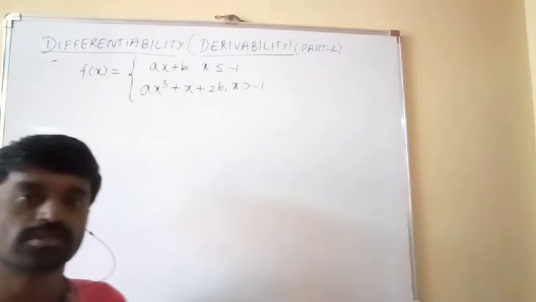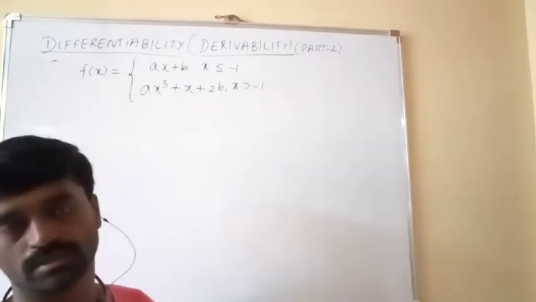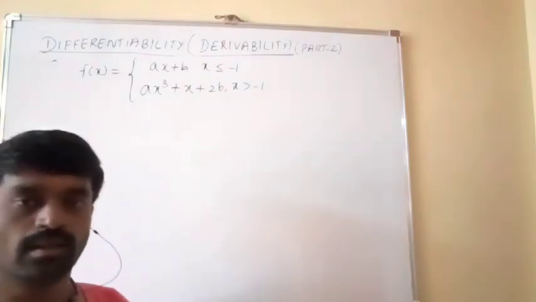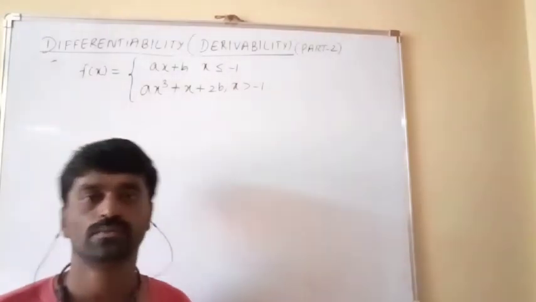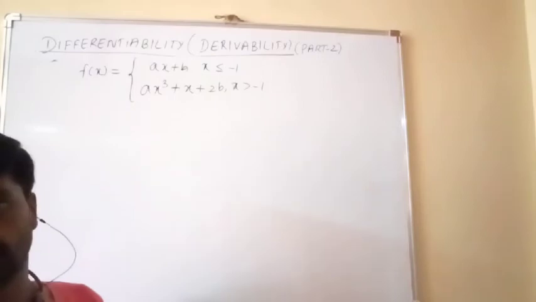Given that it is differentiable at each and every real number, then find a and b.